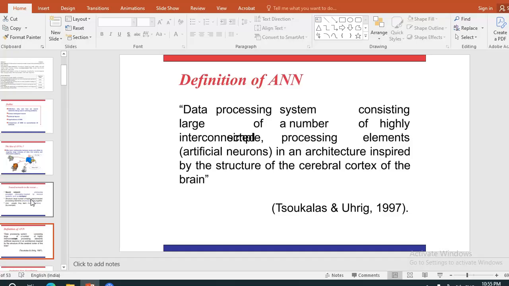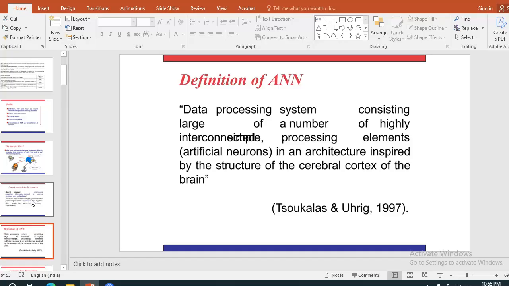We provide the input, it processes, and provides the output based on experience or previous training data. That is an artificial neural network.